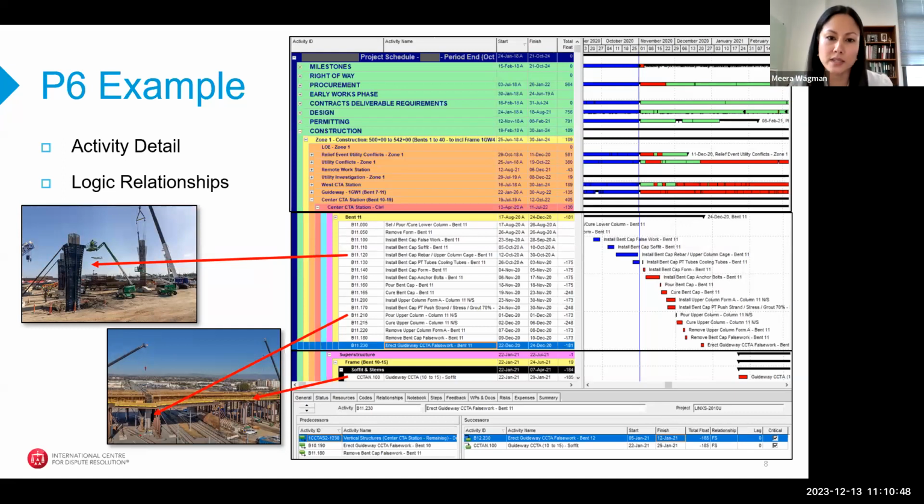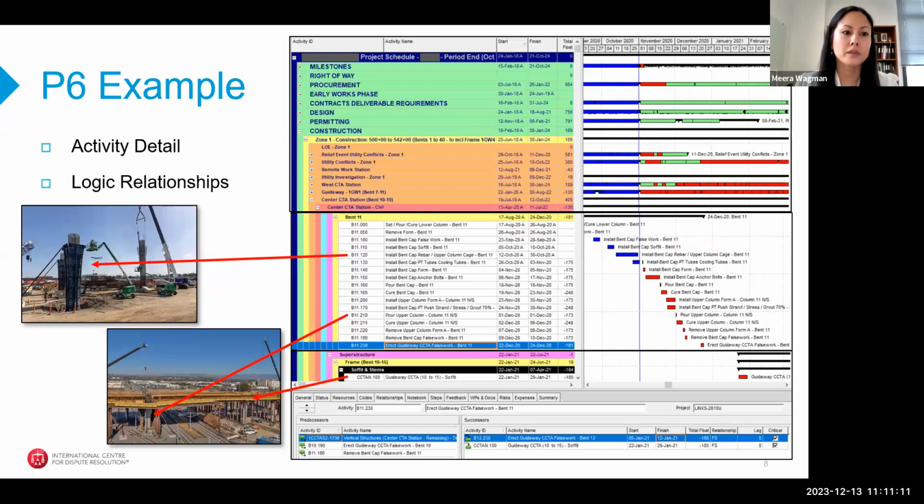And then the red forecasted activities, which are in the schedule on the critical path. And these activities contain lots of information, but I've just shown the activity ID and name, start and finish date, and the total float. These activities are all logically linked within the program to show how the project is going to be executed and be able to track any impacts to that.